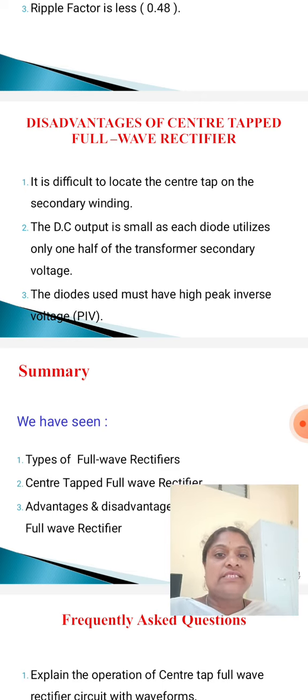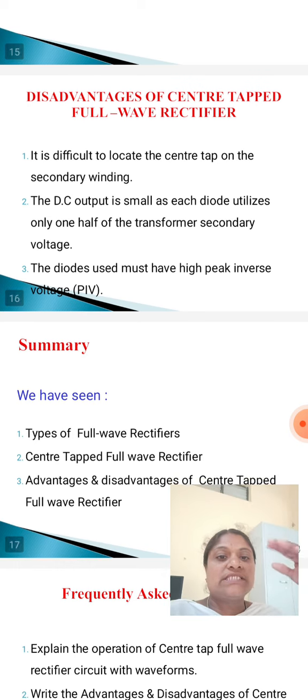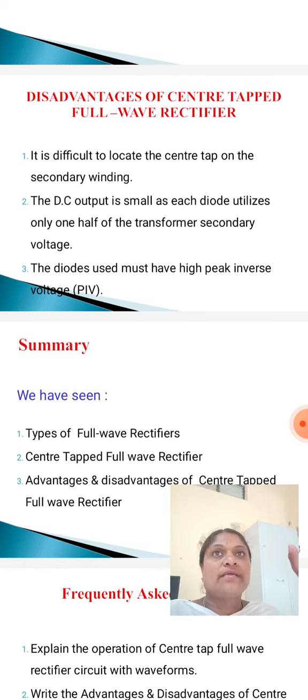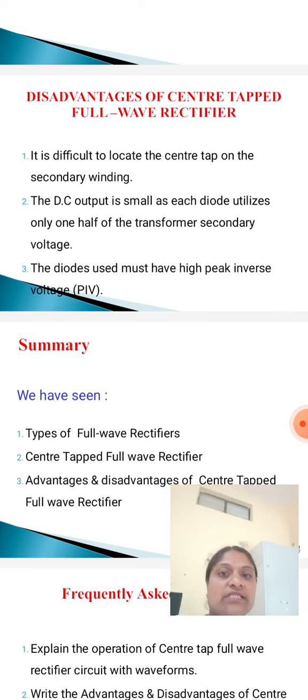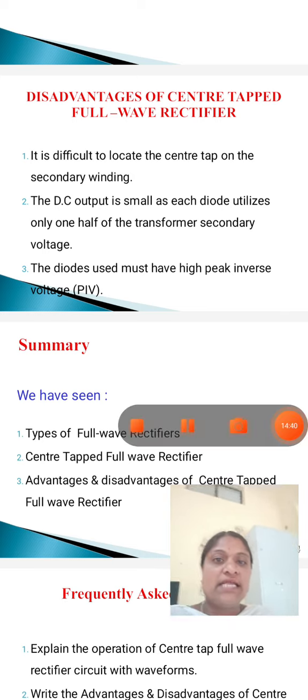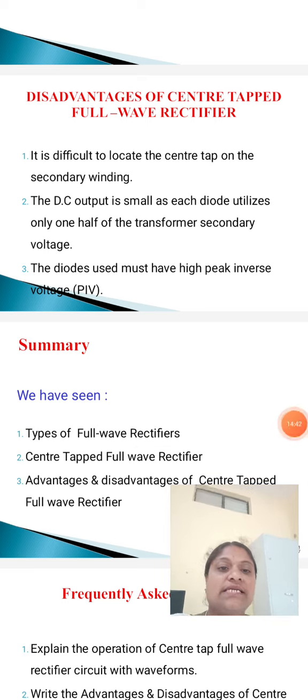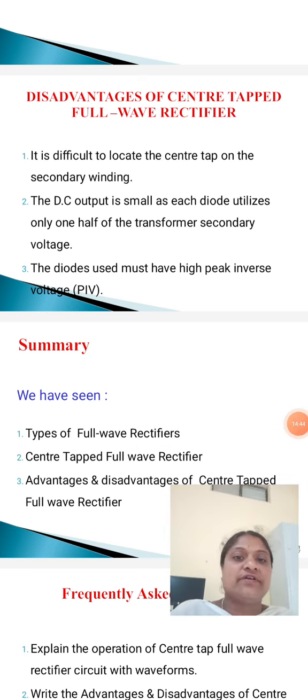The third one is that the diodes used must have a high peak inverse voltage. The diodes D1 and D2 must have a very high peak inverse voltage. These three are the disadvantages of the center tapped full wave rectifier.